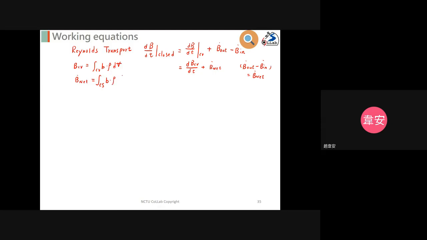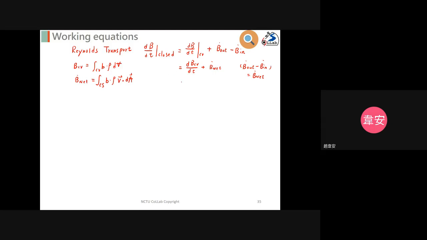But the difference here is that we multiply the velocity vector with the cross-section area vector, so it is a dot product. The velocity multiplied by the cross-section area is the discharge, and the discharge multiplied by rho and b is equal to the B rate net.